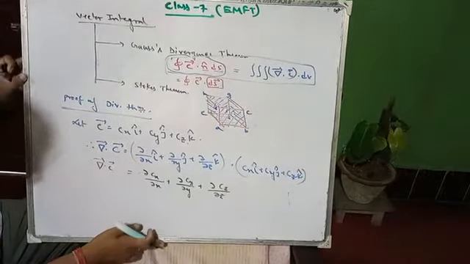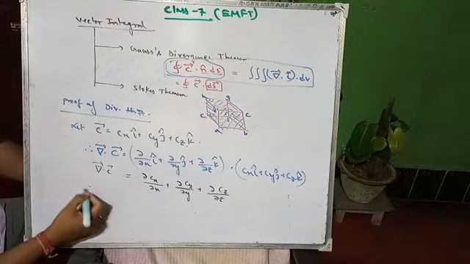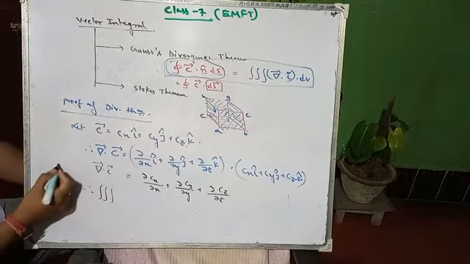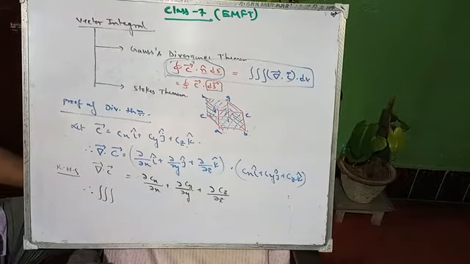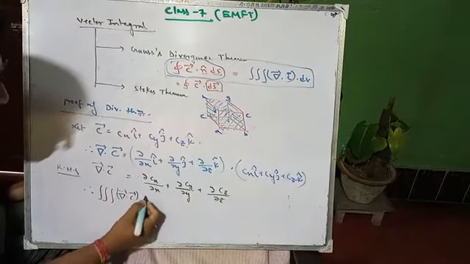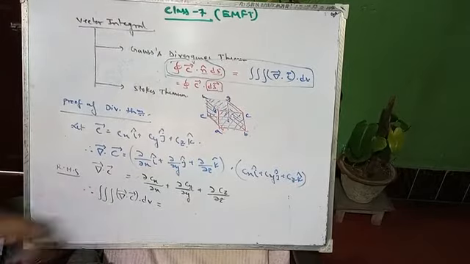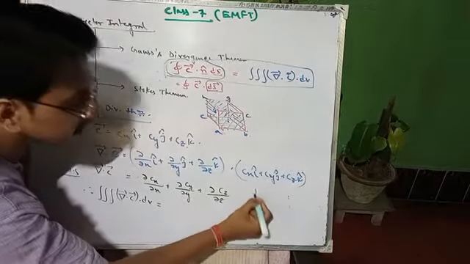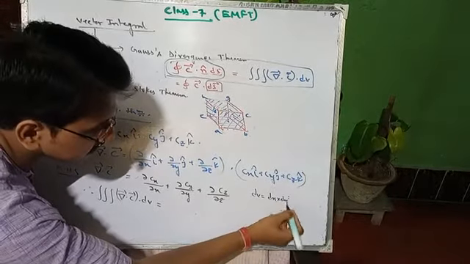Now you have to integrate over the volume. I am taking the right hand side first: the divergence of C over a certain volume dV. What do you mean by dV here? dV is nothing but the volume element, the multiplication of dx, dy and dz.